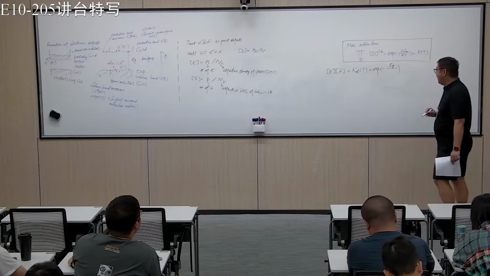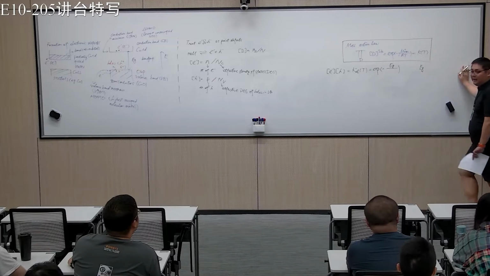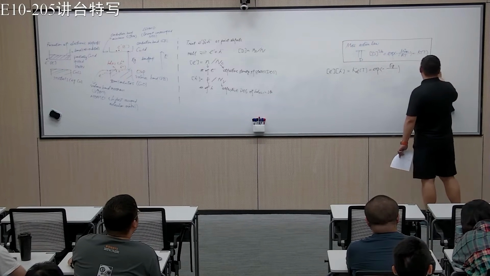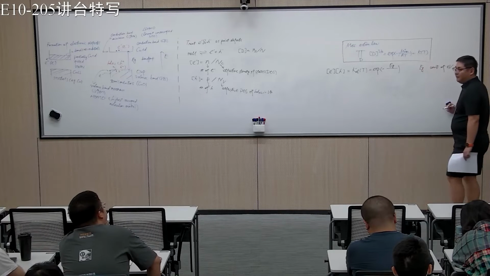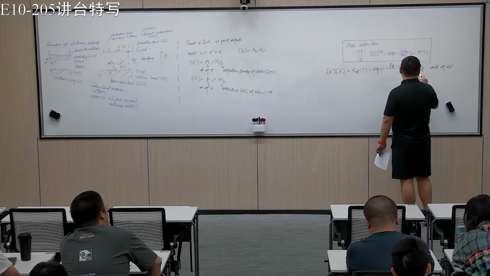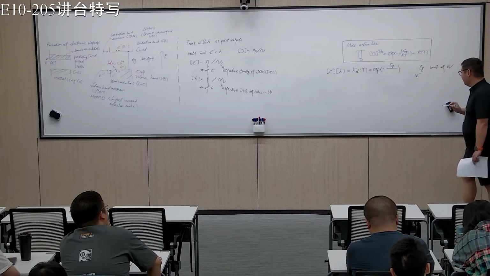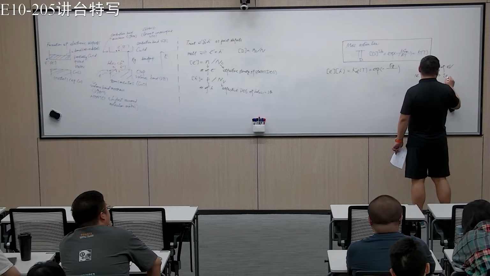However, band gap is conventionally in the unit of eV. eV means electron volt, so you think of one charge times 1 volt. That's 1 eV.